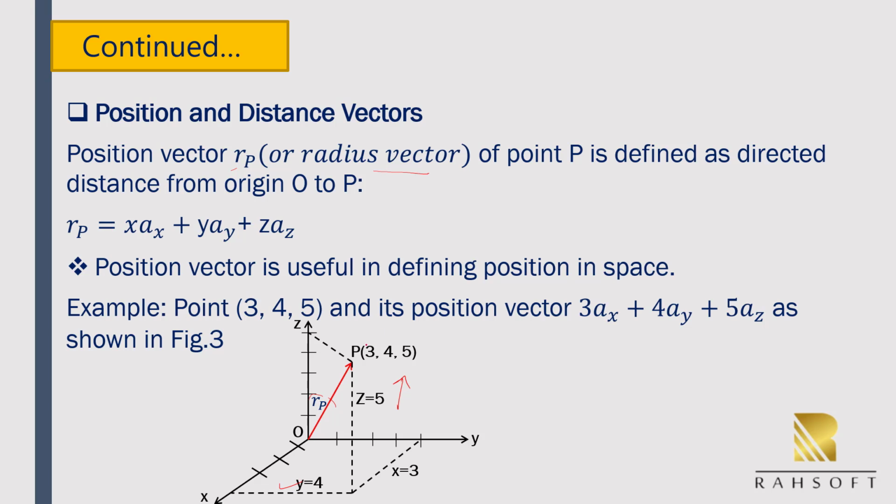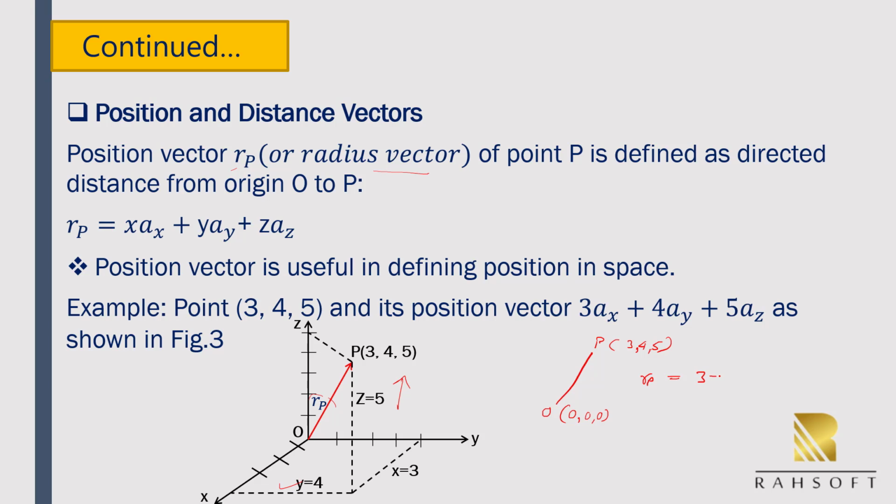That is rP, and you can write it as, for example, I'm showing here. This origin is 0, 0, 0. This is point P 3, 4 and 5. So you have to calculate the position vector rP.